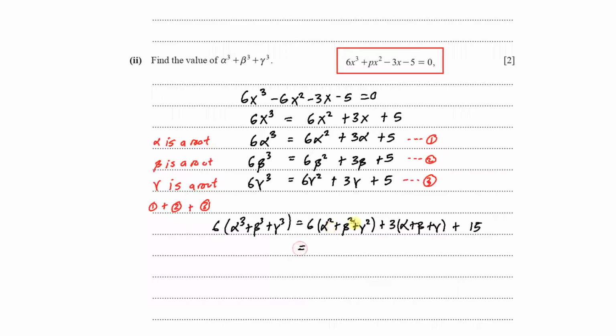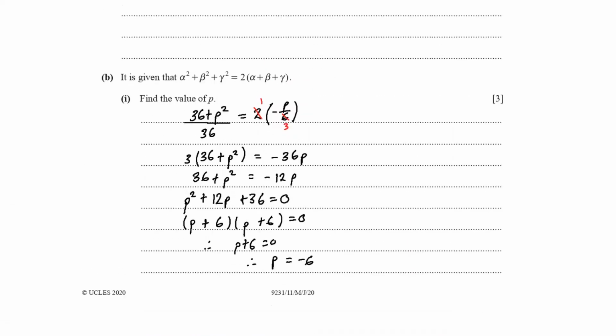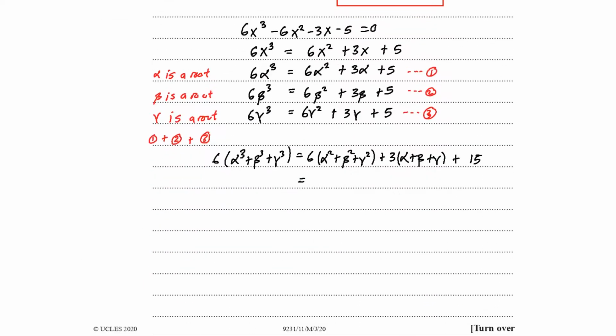Now alpha squared plus beta squared plus gamma squared, we have it from part B, where we had alpha squared plus beta squared plus gamma squared as 36 plus p squared over 36. Remember, we got p as minus 6, so minus 6 squared is 36, over 36.